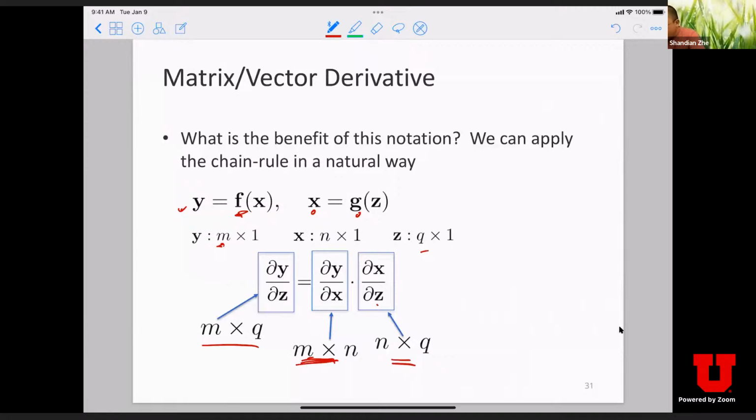So you can see that if you define the partial gradient as a Jacobian, then to compute the gradient of the composite function, we can just apply the chain rule and multiply the Jacobians from left to right. It's very natural.